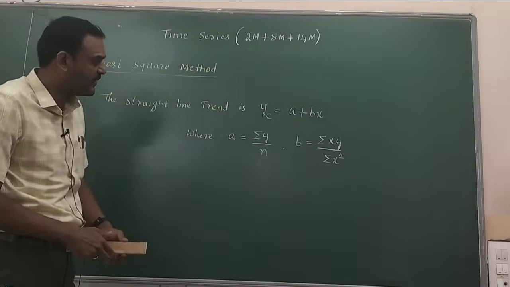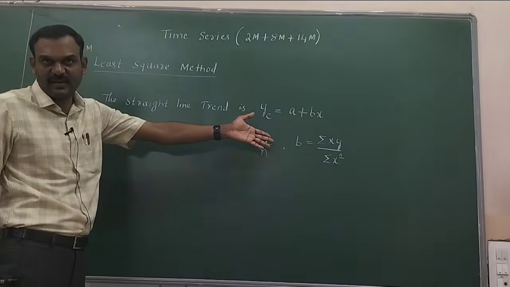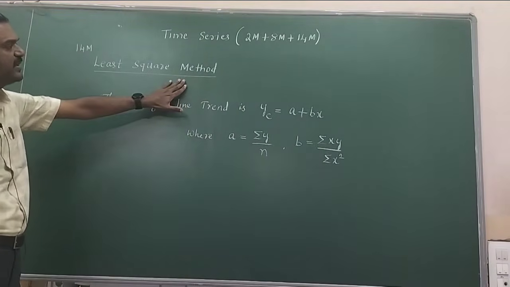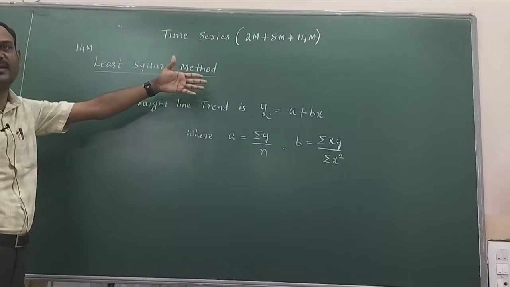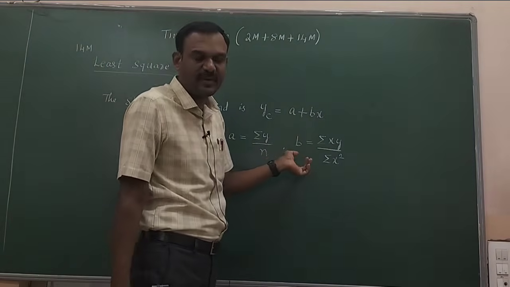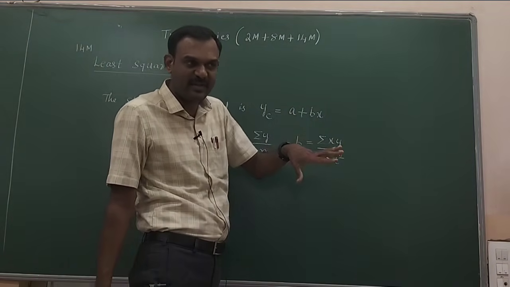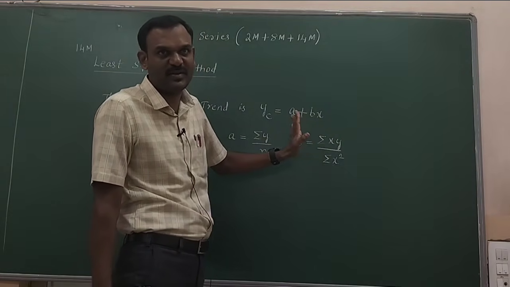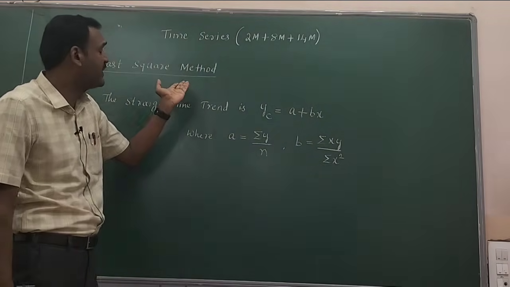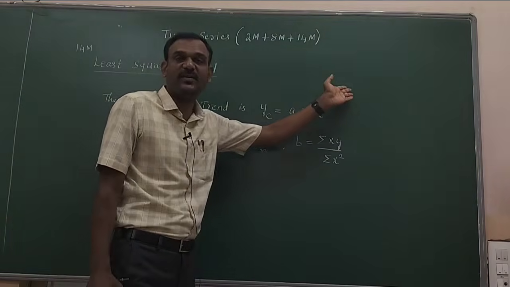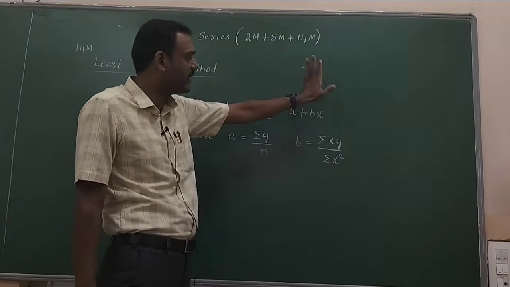This is the formula for A as well as B. This method is studied overall in statistics in the BCom stream, BBM, BBA and BCA also. This method is compulsory for your examination. Usually for BCom it carries 14 marks. In some other streams it is usually an 8 to 10 marks question, but very important.